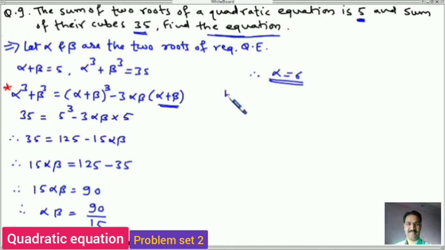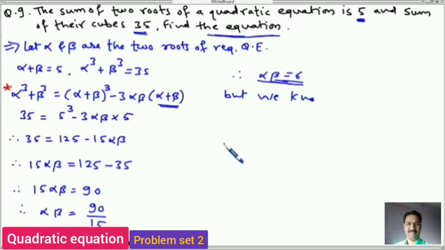Okay? Here it is alpha into beta. See here, this is alpha into beta. Okay, friends?